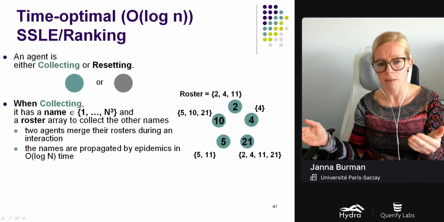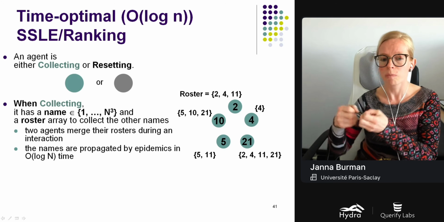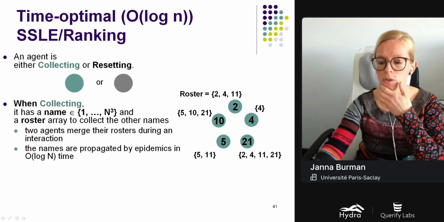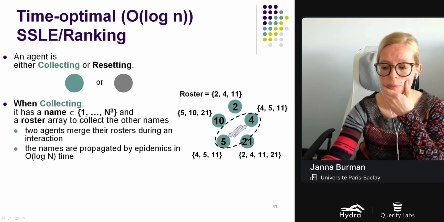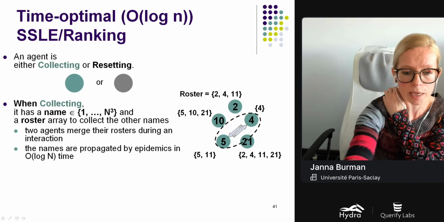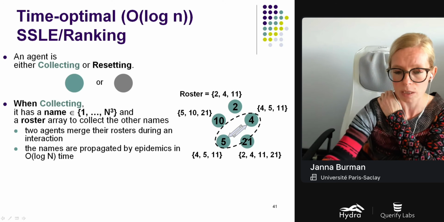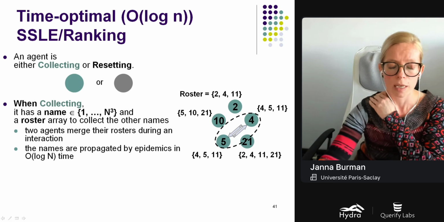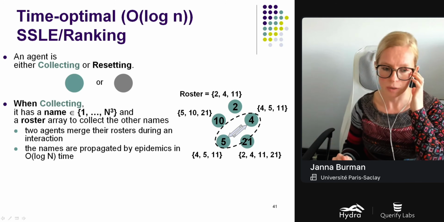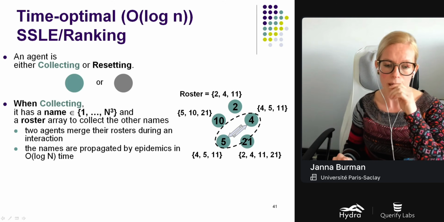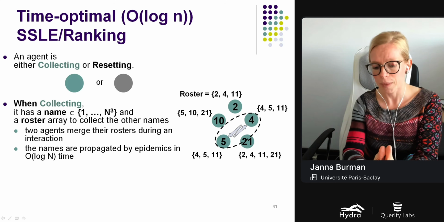And how does it collect them? By merging during interaction, the two agents will merge their rosters. You have seen they had 5 and 11 and 4, and now both of these interacting agents have the same names. So we merge the rosters in such a way during the meetings.